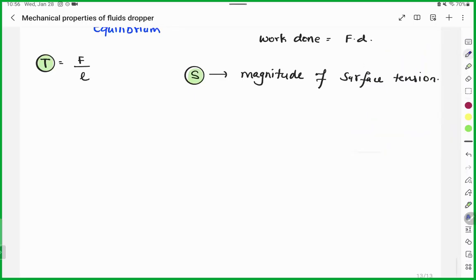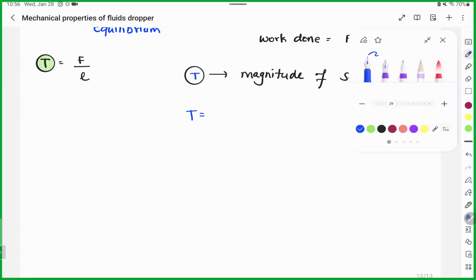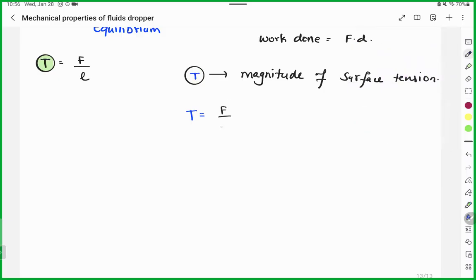For example, if you want to use T, then this is the surface tension magnitude. You can completely eliminate this. But remember, different types of symbols can be given in different books. So don't confuse yourself. This tension we know is the force per unit length. But if you take it in the form of surface energy, it will be surface energy per unit area.